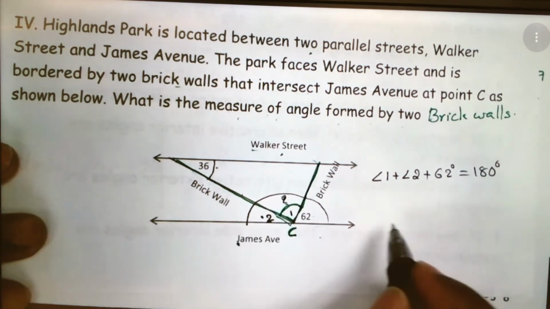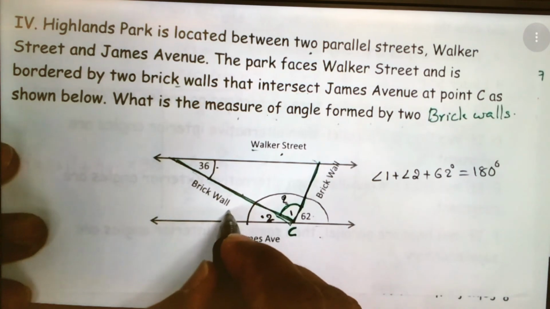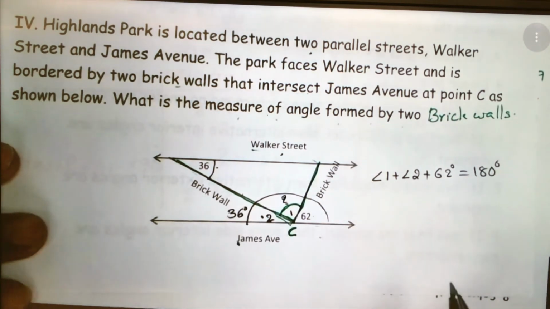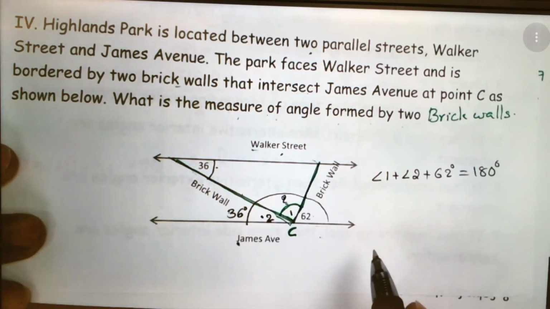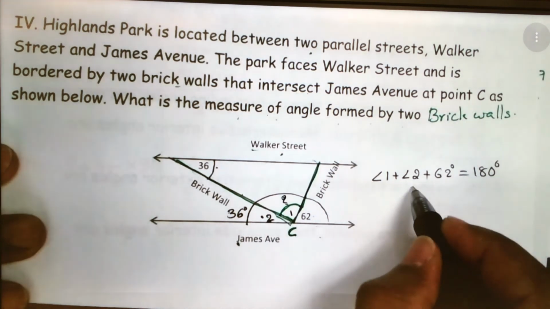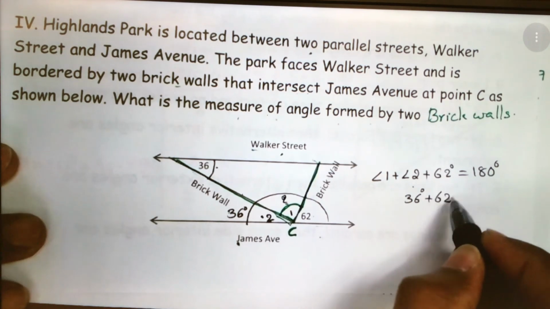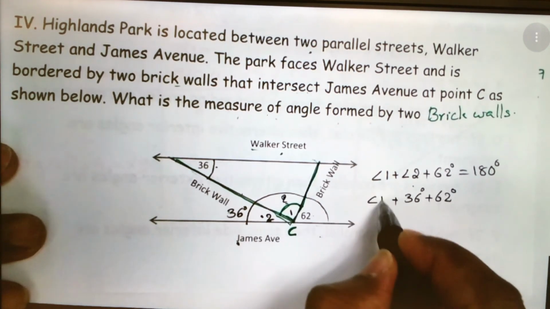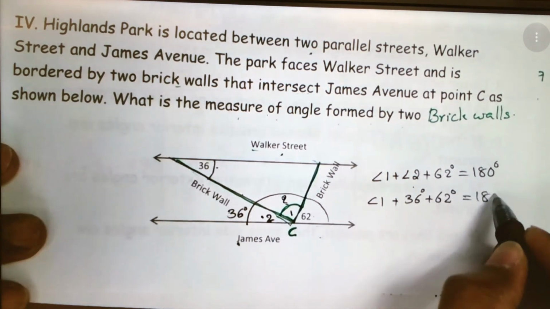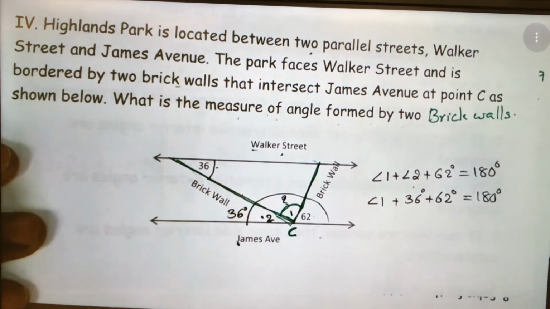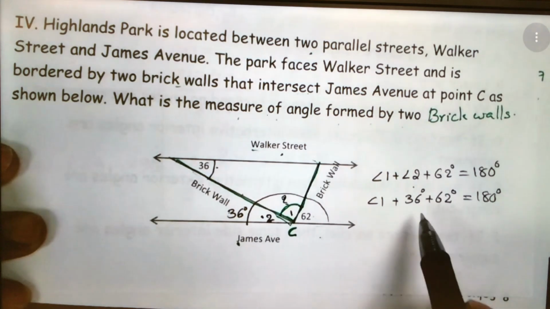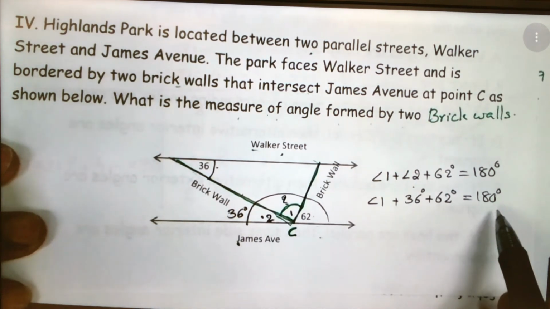So angle 2 becomes 36 degrees. I can replace angle 2 with 36 degrees, plus 62 degrees plus angle 1, all those three angles add up to 180. Now there is only one unknown angle, so I can add the remaining two and take away from 180.